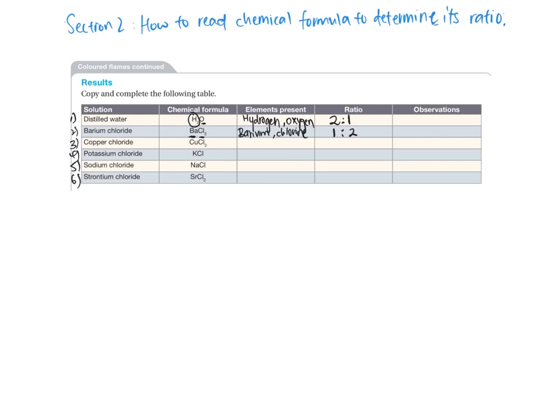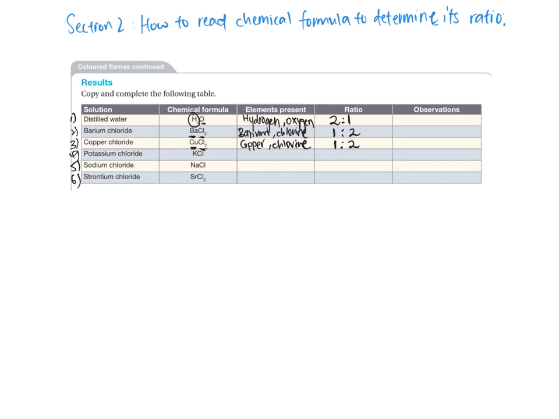And copper chloride is technically made out of copper. As we can see, Cu is copper and Cl is chlorine. So how does it work? It is 1 copper ion, 1 copper element, to 2 chlorine, so 2 chlorine particles, 2 chlorine atoms. So again it's 1 to 2.